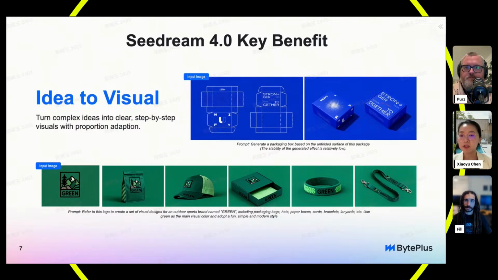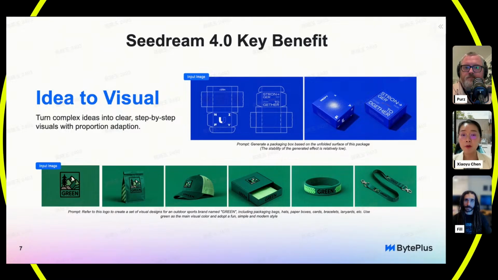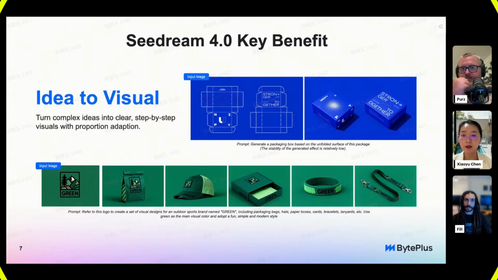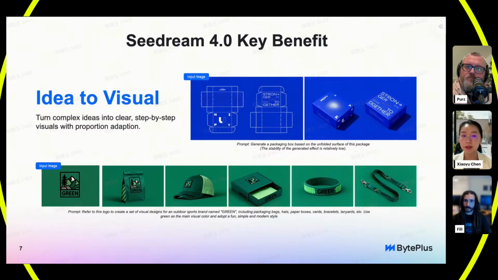And you can just say generate a hat, generate a box, a bracelet, and so on. As you can see, the generation is very consistent, and it's also very fast, and so it will be a great tool to increase the efficiency of the designers when they come to brainstorming or storyboarding and picking from different ideas.